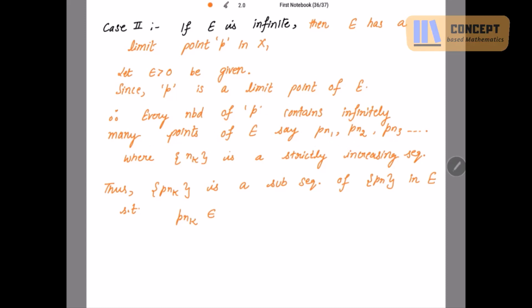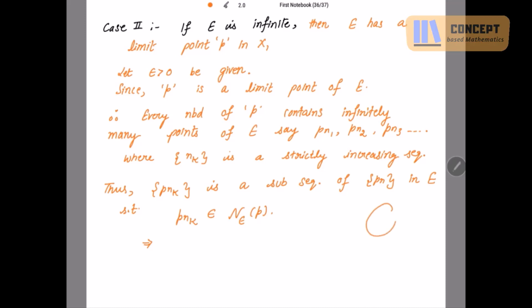That is the neighborhood of the limit point. So can I write Pnk belongs to the neighborhood of P? Yes. What does this mean then? The points are in the neighborhood of P having radius epsilon. That means their distances from P are less than epsilon.